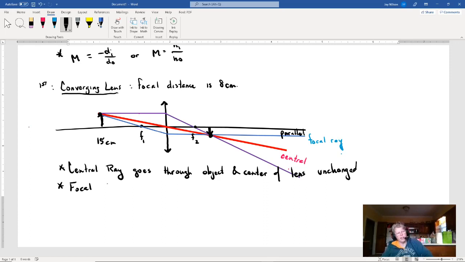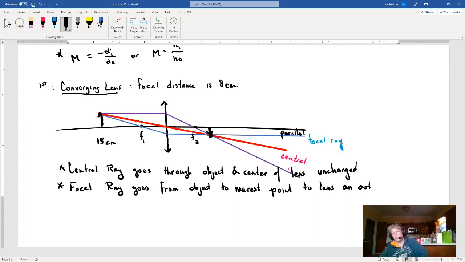Focal ray goes from object to nearest focal point to lens and out of lens parallel to principal axis.